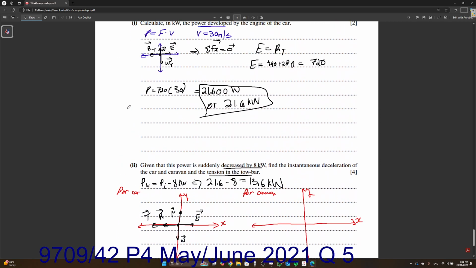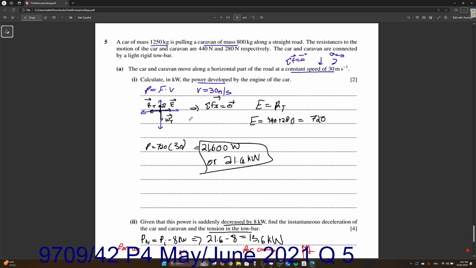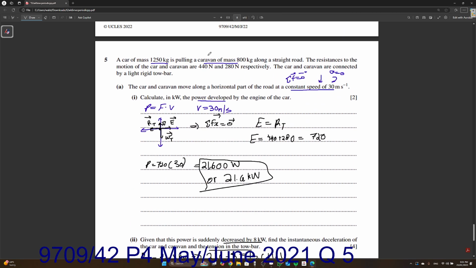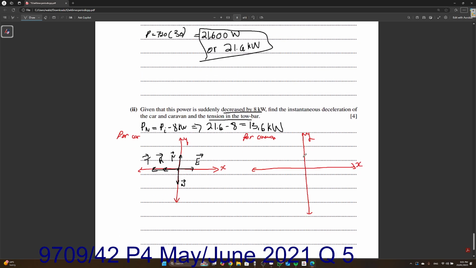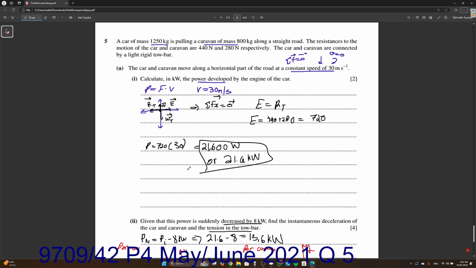Someone might ask me, why didn't you include tension in the first one? There we're talking about the car-caravan system, so the tensions cancel out if you're considering it as the whole system. That's why we're talking about the engine that moves both the car and the caravan. Here, we're doing car and caravan separately because they have different FBDs.